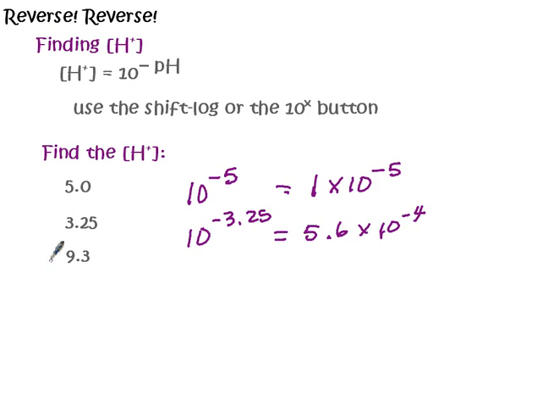All right, I got one last one down here. 9.3 is my pH. Go ahead, hit that pause button if you need to. Work this one out. I'll be right here when you're done. Okay, how did you do? I bet you did great.